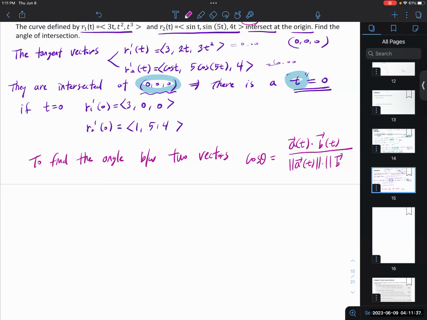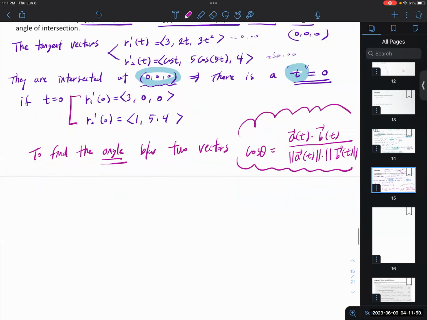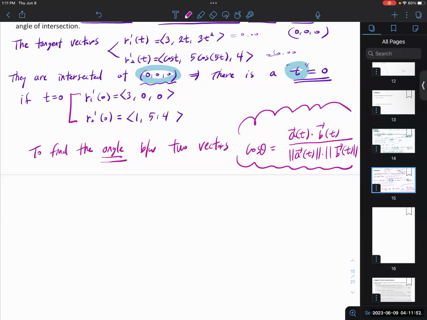Yes? So we talked about this formula. The angle between two vectors, you can find theta like that. So we have two vectors right there, and we're going to use the tangent vectors.